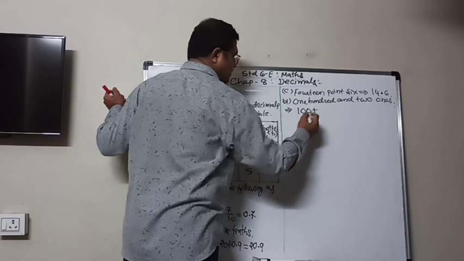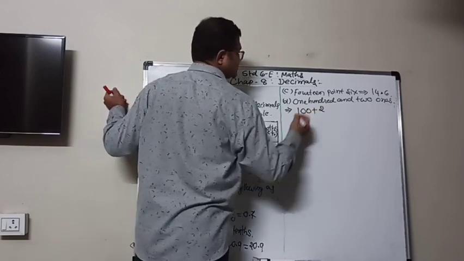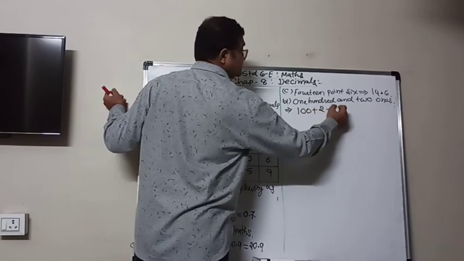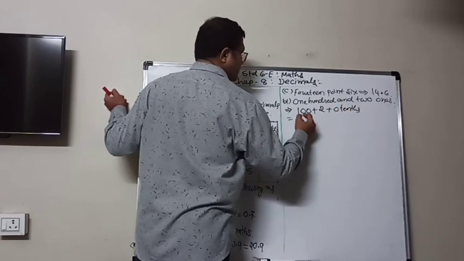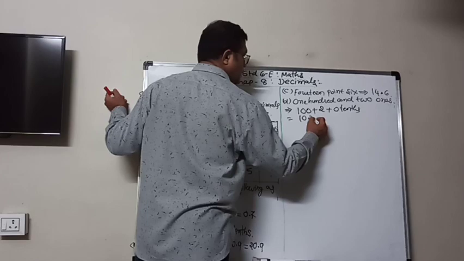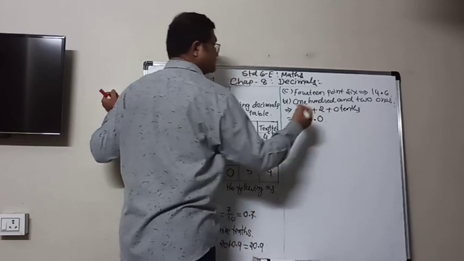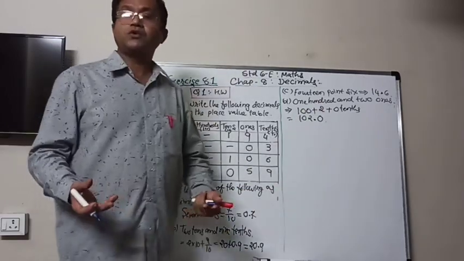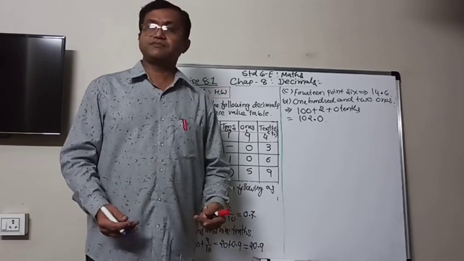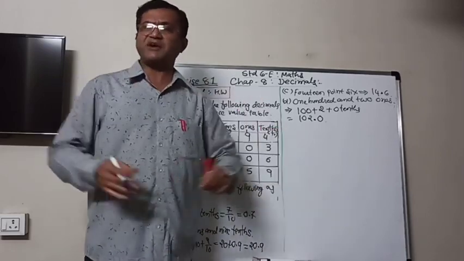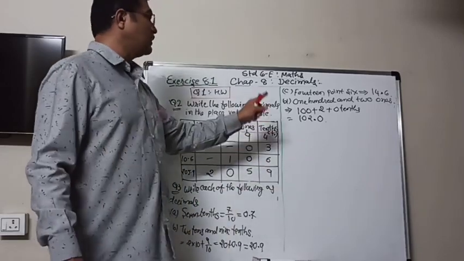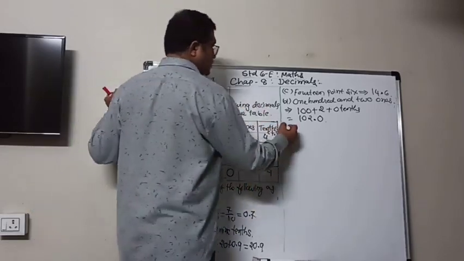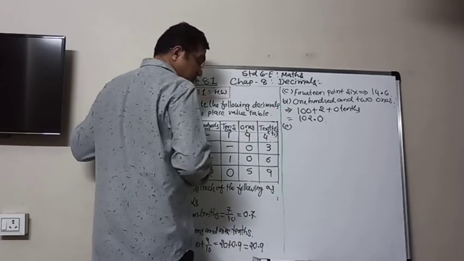So 100 plus 2 ones plus 0 tenths, because tenths is not given. So we will write down 102.0. As we have to put the decimal, if there is no tenths place, we have to write down 0. So 102.0 like that.